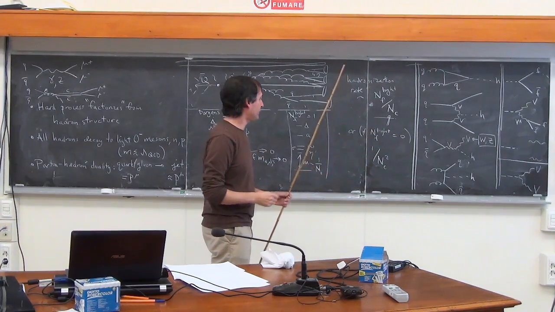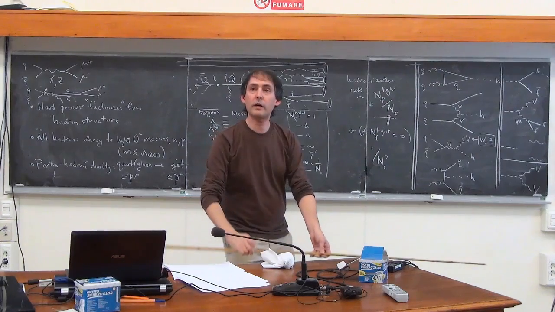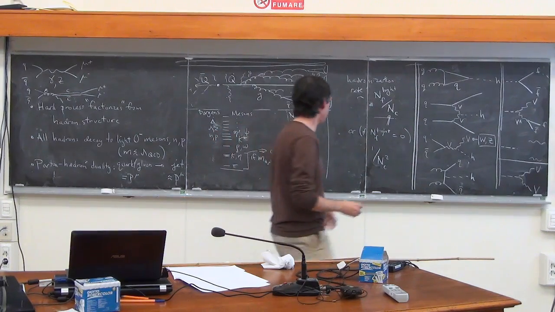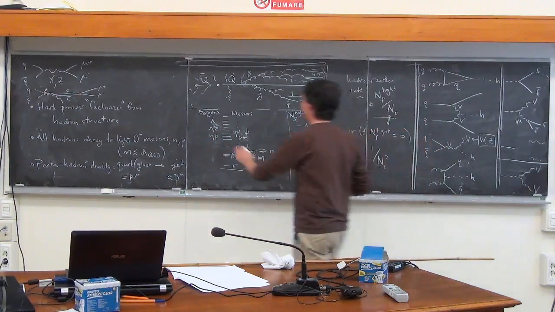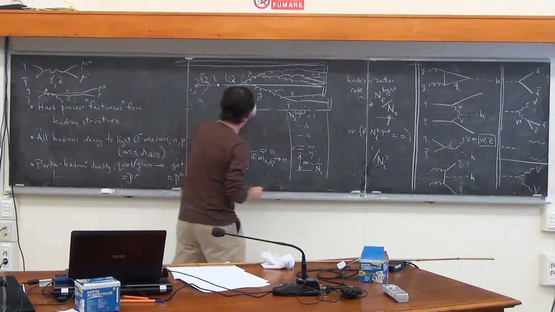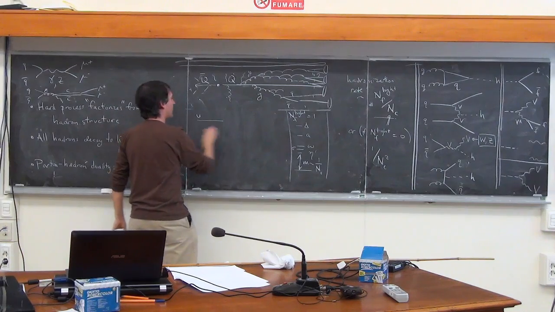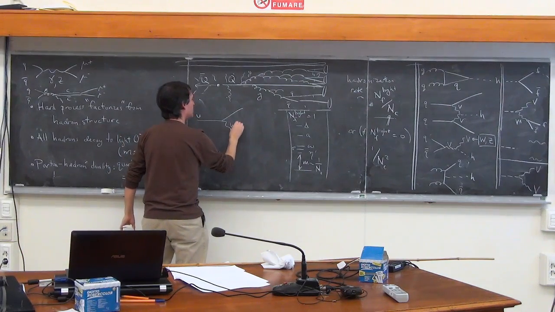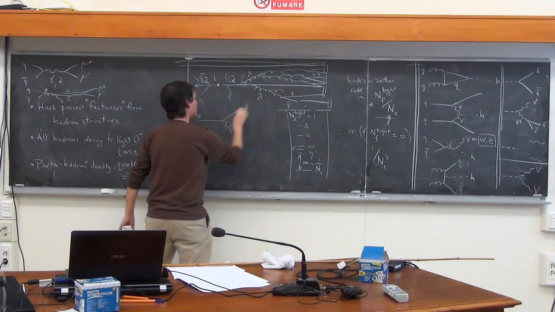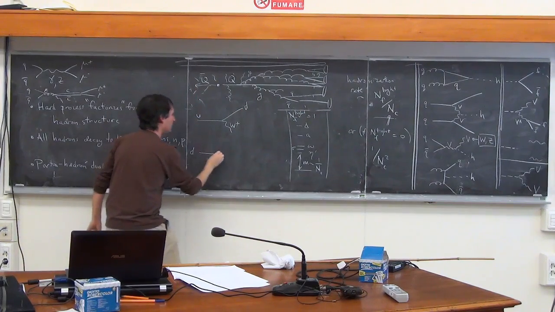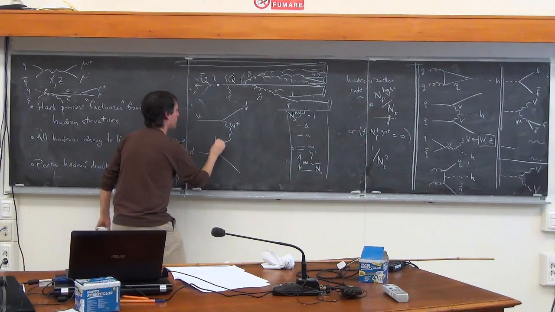What's an example of a situation where quark-quark is involved? Well, I can have an up quark come in, spit off a W plus. I can have a down quark come in, spit off a W minus.